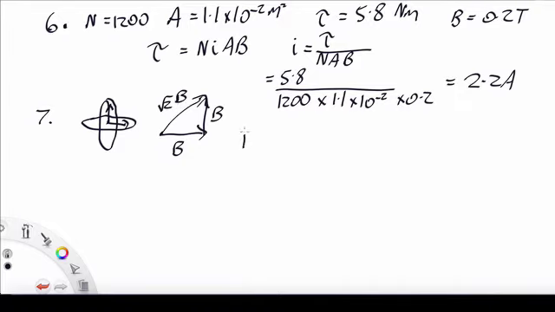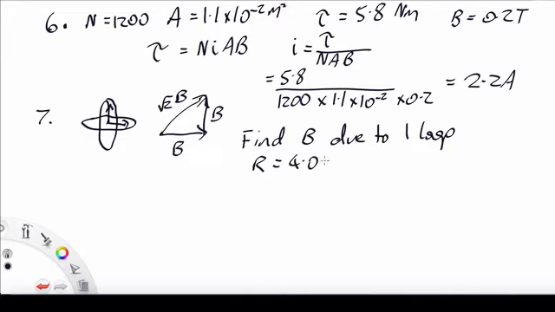So let's find B, which is due to one loop. So we have R equals 4 centimetres, which is 4 by 10 to the minus 2 metres. N equals 1. I equals 1.7 amps.